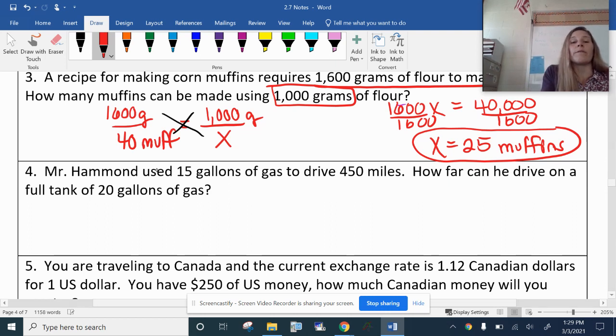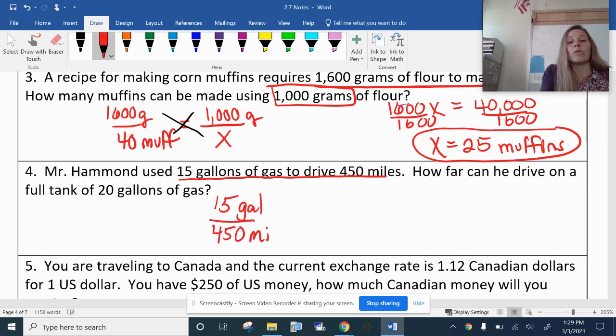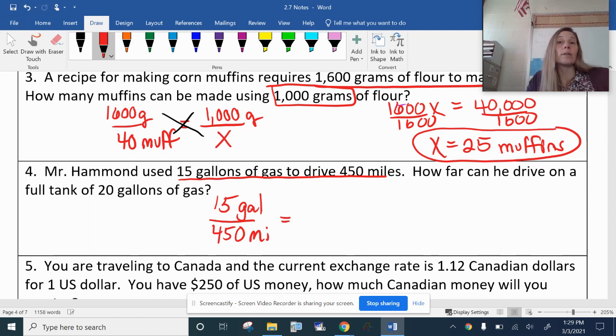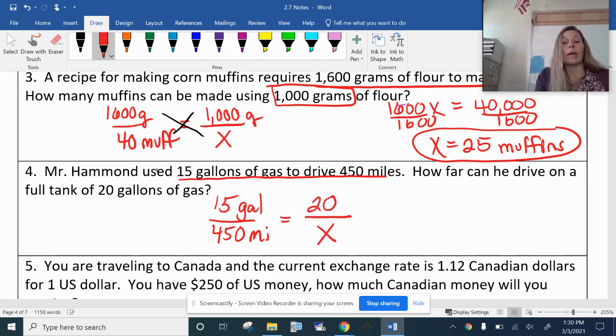Mr. Hammond used 15 gallons of gas to drive 450 miles. So there's our first ratio, 15 gallons, 450 miles. Now notice normally we put miles on top of gallons, but like I said, it doesn't matter for these problems as long as you stay consistent. So now on the other side of my proportion, how far can he drive? So how many miles, x, on a full tank of 20 gallons of gas, and I'm going to put my gallons on top because that's what was on top on the other side of my proportion.